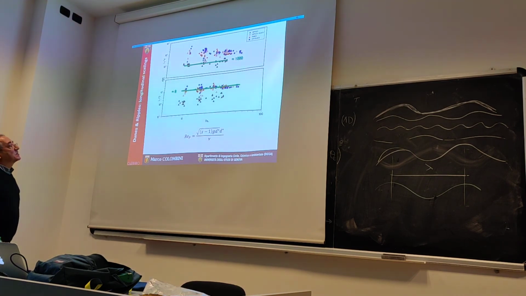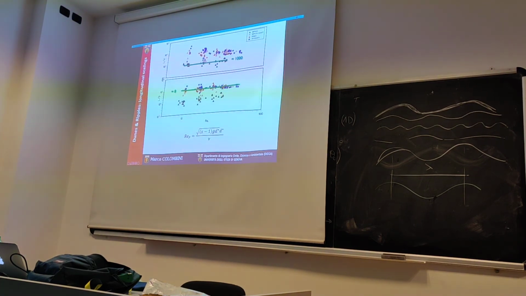Okay, so this is important because it also gives you information on the physics of the problem. In a sense, you should expect that the wavelength of ripples — I told you before that ripples and dunes are quite similar from the point of view of the linear stability analysis — but this analysis tells you that you should expect the wavelength of ripples to be related to the grain size much more than to the depth.